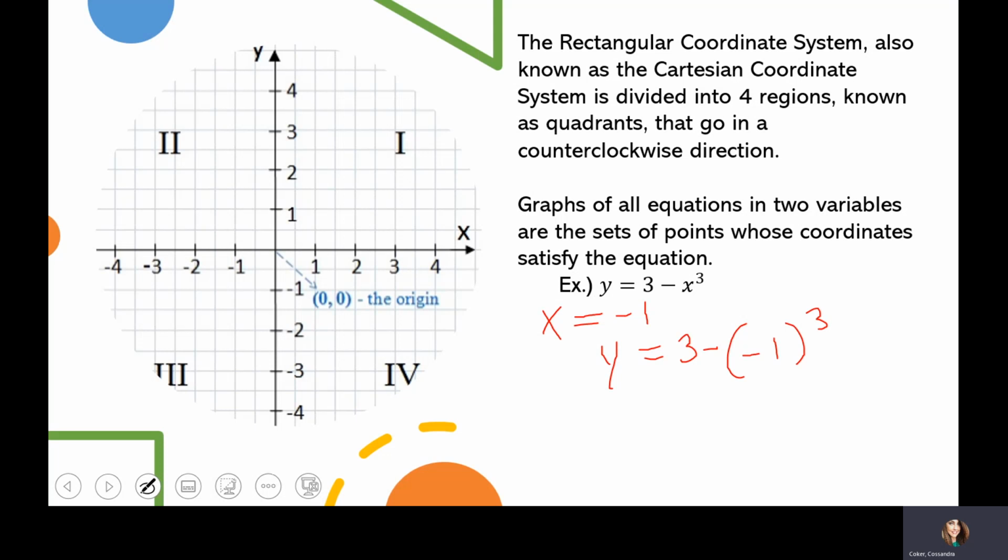Please be careful when you are raising negative values to an exponent. I see a lot of common mistakes in that area. So here, 3, you've got -1 cubed, of course, which stays -1, and that becomes 4. So the ordered pair -1, 4 would satisfy this equation and be a solution to that equation is what you would state.